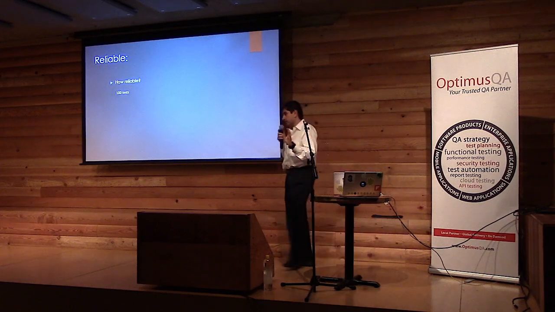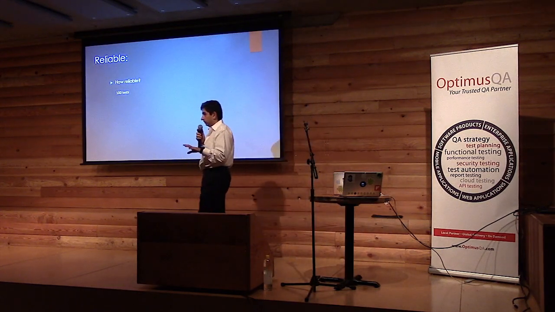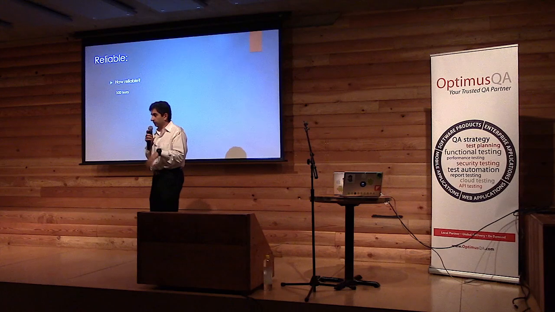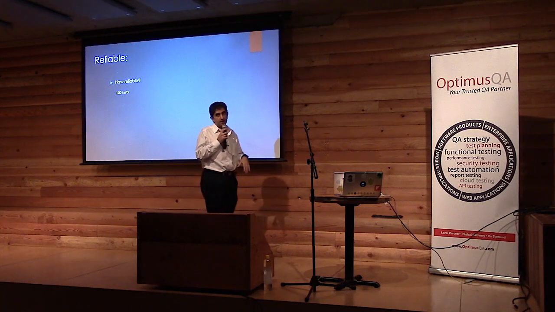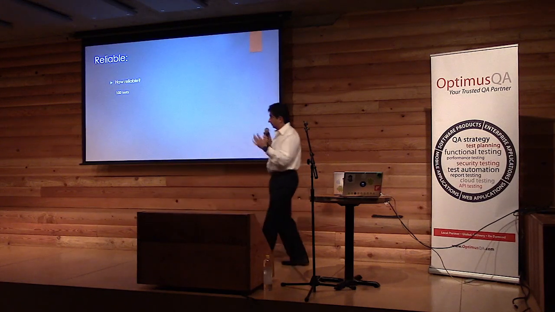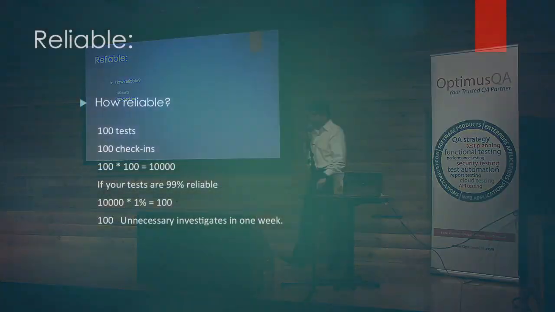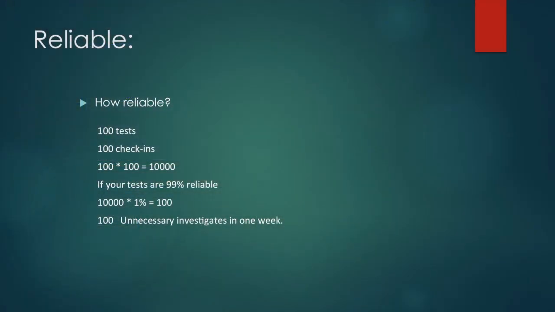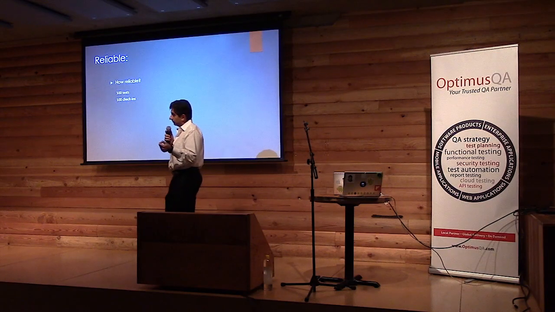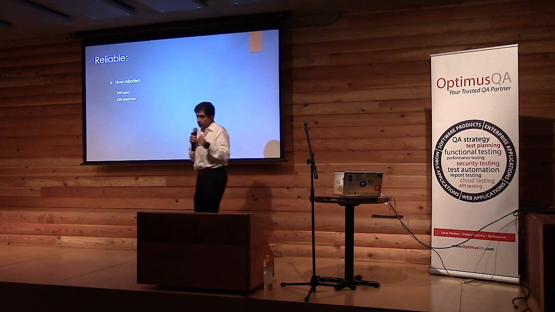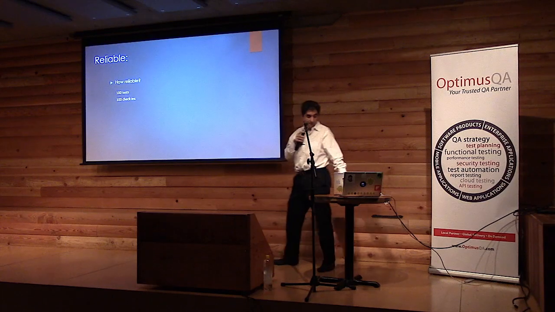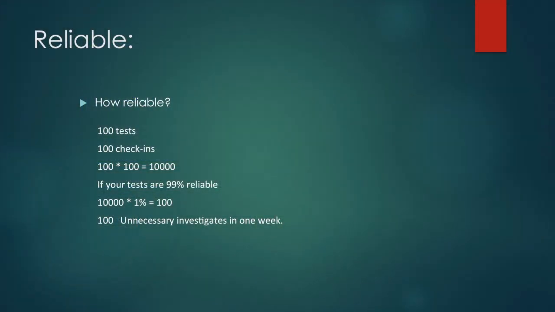Assume you only have 100 tests, which is a very, very low number. When you start automating, the number of tests goes higher than this very quickly, especially if you have a team. And assume that your tests run on every check-in, which is a very common scenario. So here you go, 10,000 executions.